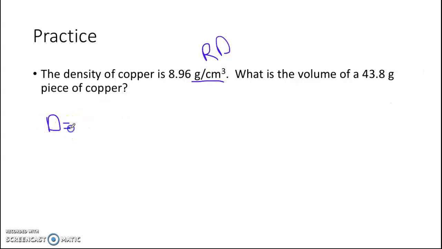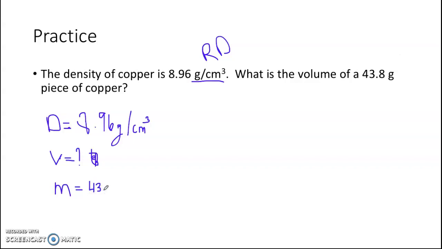They're saying density equals 8.96 grams per centimeters cubed. They didn't give me volume, so that's going to be a question mark. They're telling me my mass is 43.8 grams.